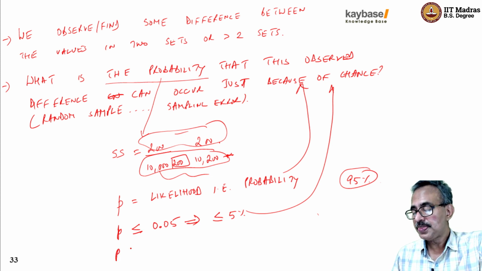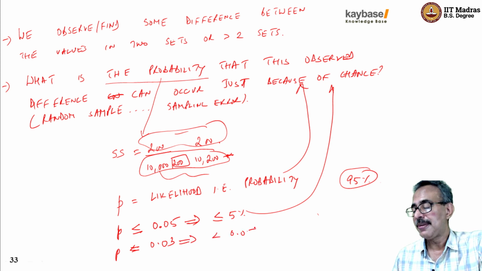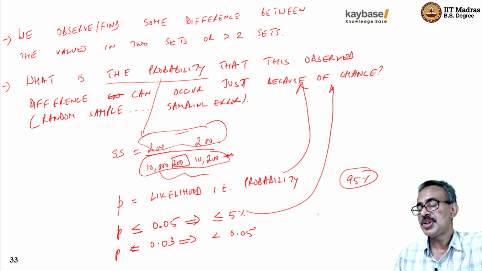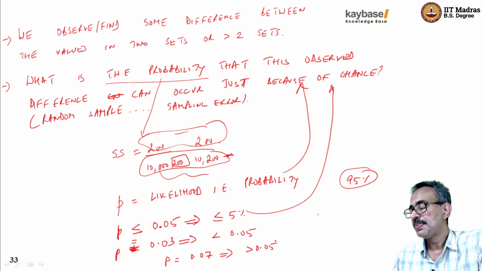Let's say, for example, if P is equal to 0.03, that means it is less than 0.05. And therefore, we will say that this difference we have observed is significant at 95%. If, on the other hand, P is equal to 0.07, that means it is greater than 0.05.